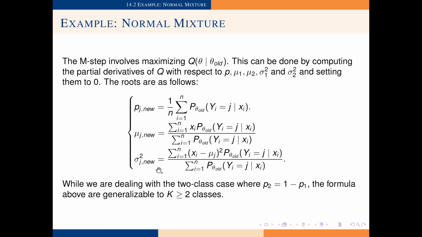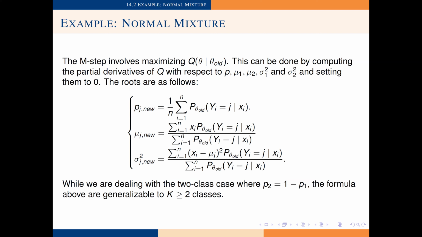The sigmas, you can see it has a similar idea. Essentially, it's going to be a function of the P theta olds as well as the sum of the squared deviation of each of the observed xi's and the mu j we just got from the last step. One thing I want to note is that here we're dealing with two classes, like a mixture of two distributions.